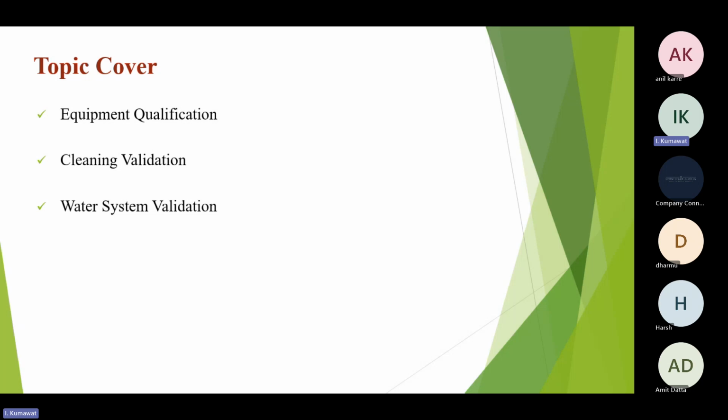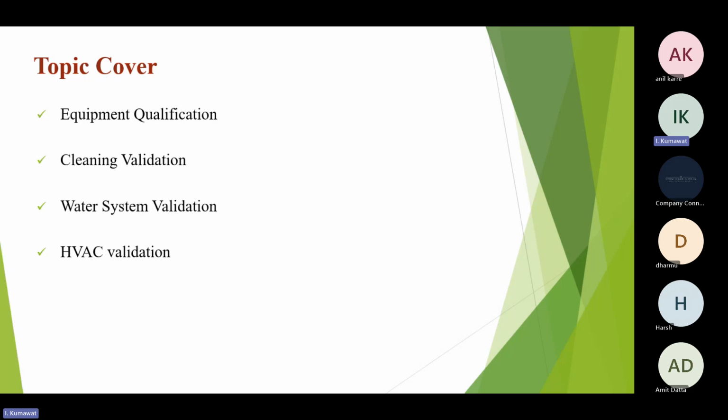Sometimes we use other pharmaceutical ingredients like solvents such as IPA, methanol, MDC, but water is also used during manufacturing. So we have to validate the water, which types of water we are using. Suppose in injectables, we use water for injection, that is the sterile water. We'll discuss the water system in depth during the further course of the sessions.